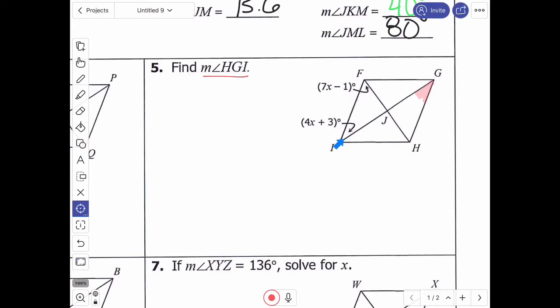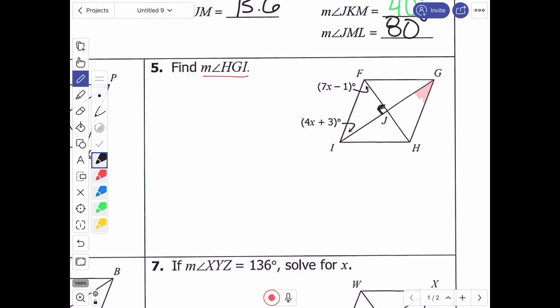But what I do see is that they're both within one of these triangles. So this triangle is a right triangle. The right angle is formed where the diagonals meet, right there. And both of these are pointing to angle measurements. You can tell by the degree measure right there. So I know if I take this angle plus 90 degrees, these should all add up to 180.